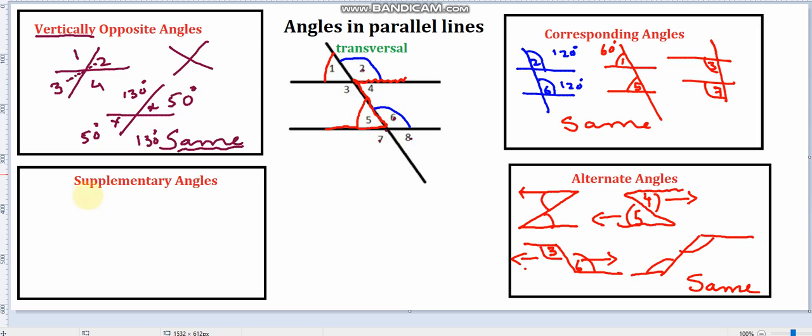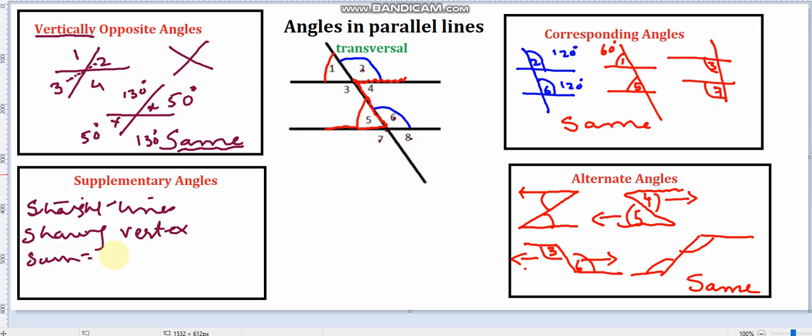Let's talk about supplementary angles. Supplementary angles are angles on a straight line. Number 1, they are on a straight line. They are sharing a vertex and their sum is equal to 180. So we cannot say that if one angle is 60, the other is also 60.